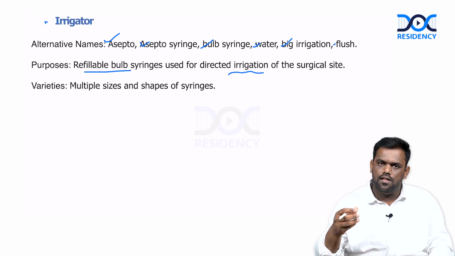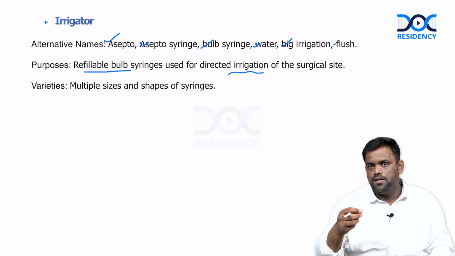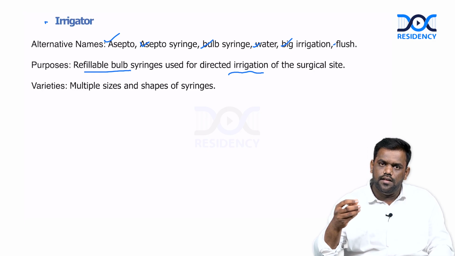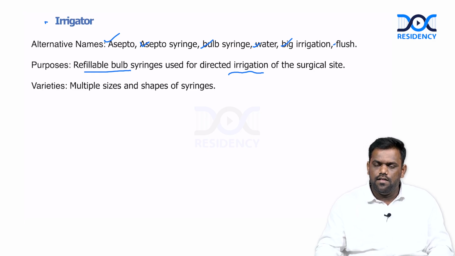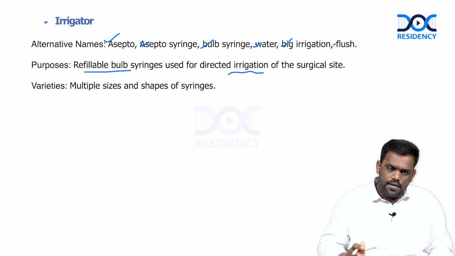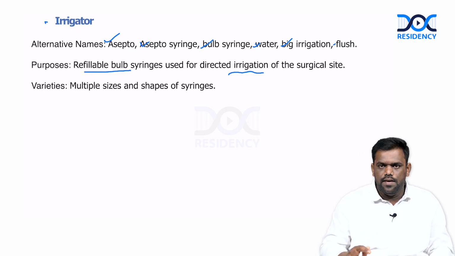It is especially used in evacuation of chronic SDH, where we irrigate through the burr hole using this bulb, and the collected clots all come out using this irrigator. This is a very important basic instrument used in neurosurgery. It is available in multiple sizes and shapes.